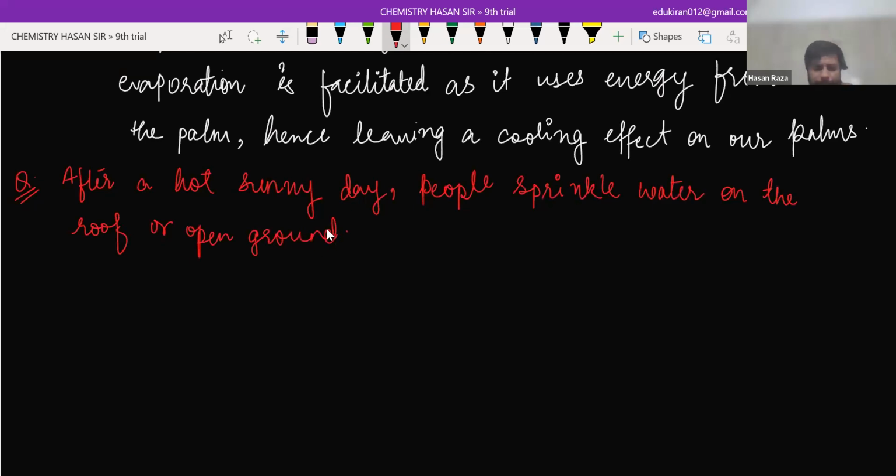What happens? People sprinkle water on the roof or open ground because then evaporation will occur, which will cause the floor and roof to cool. Very good.